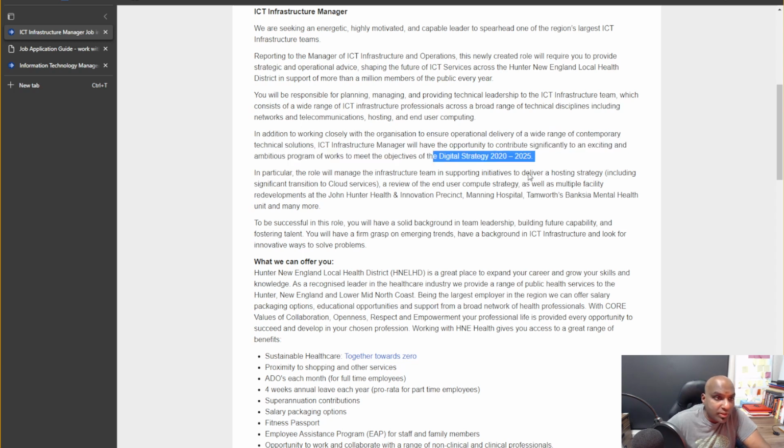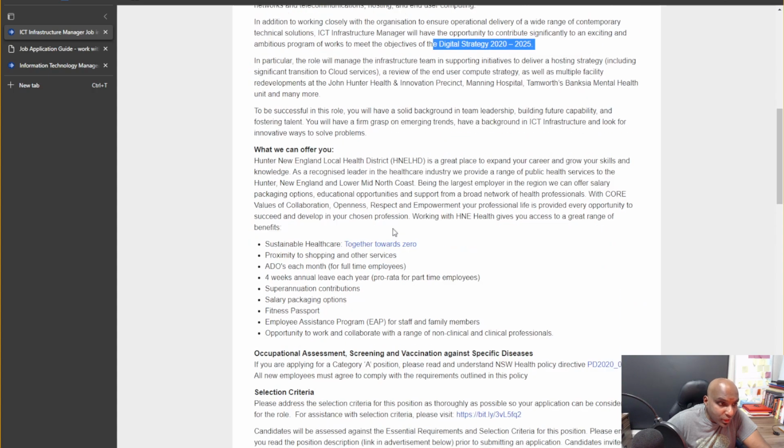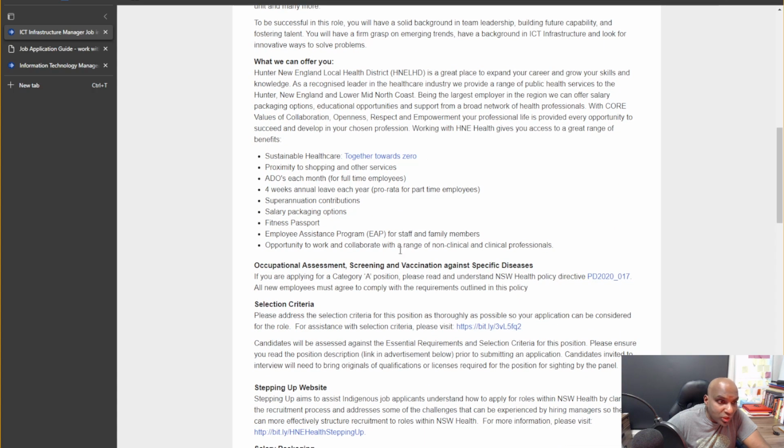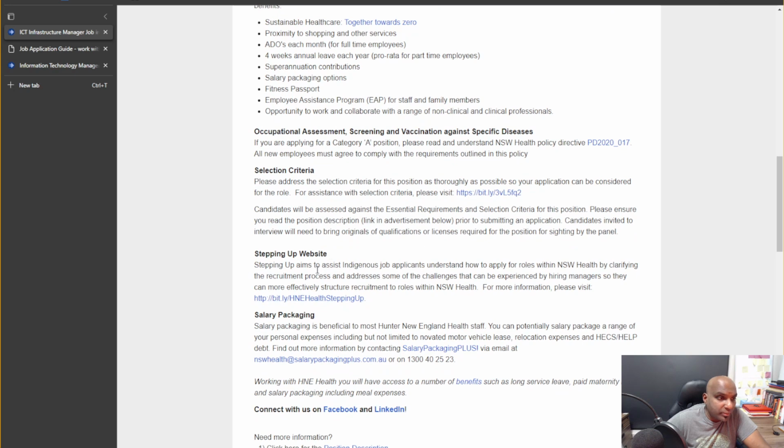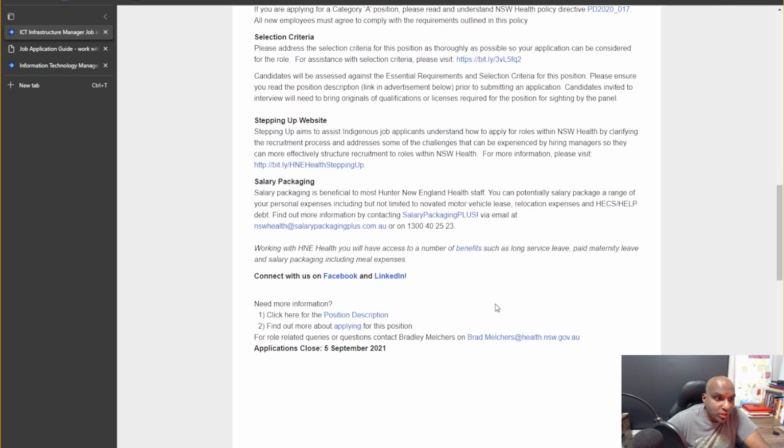In most cases, they might actually have a link to their digital strategy. They don't in this case. So yeah, they've got a website to help understand their process, and salary packaging, which is like innovative leases and other things. Position description, this one would be good.